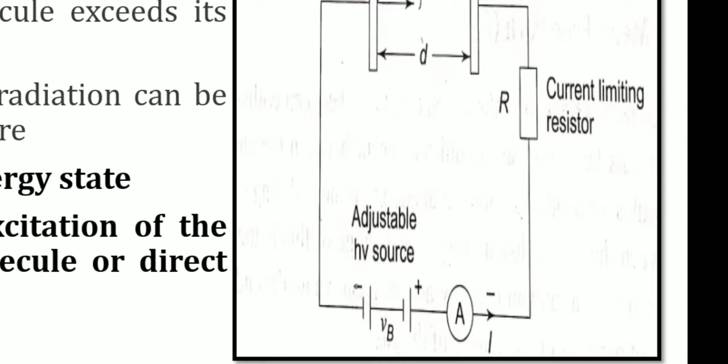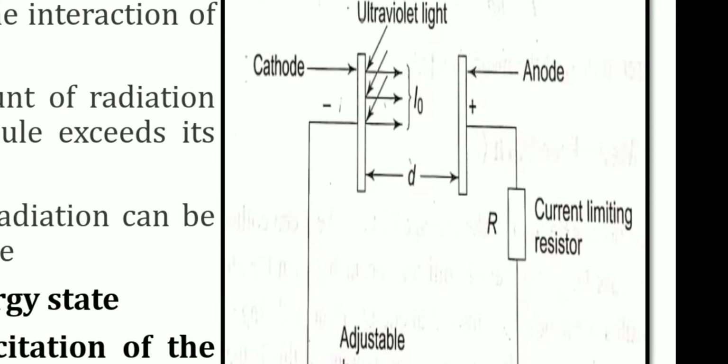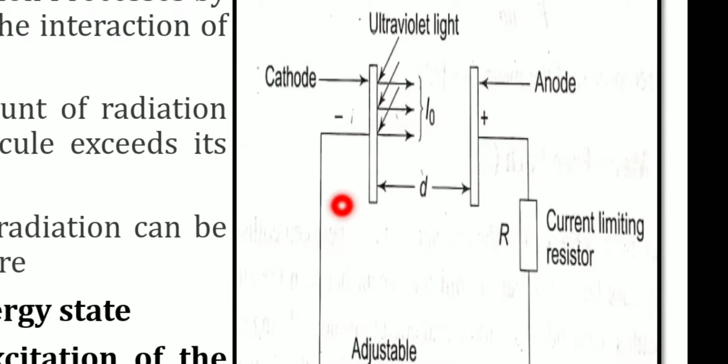When we apply a voltage to this electrode system, what will happen? The electrons start moving from the cathode to the anode.